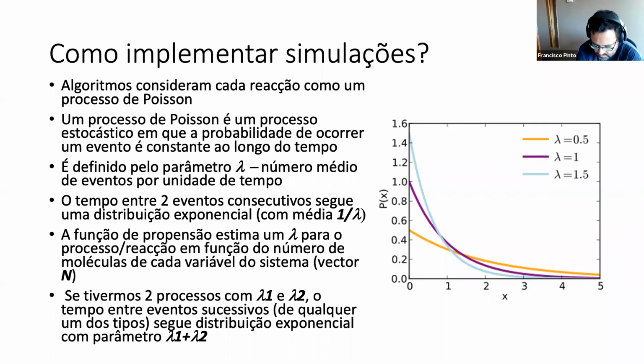And actually, for variables that follow a Poisson distribution, we can also compute another probability distribution, that is the exponential distribution, that gives you the time between consecutive events of that Poisson process.